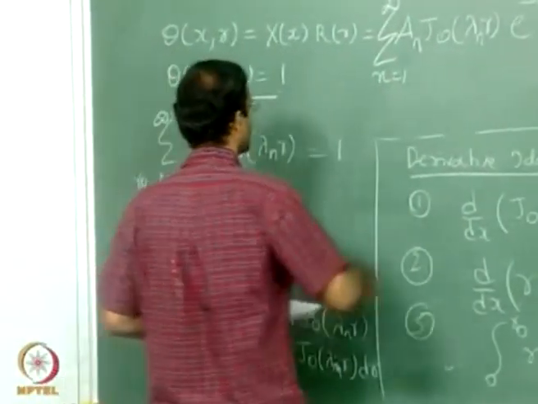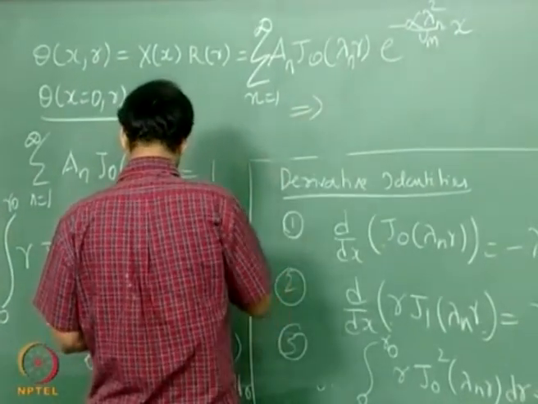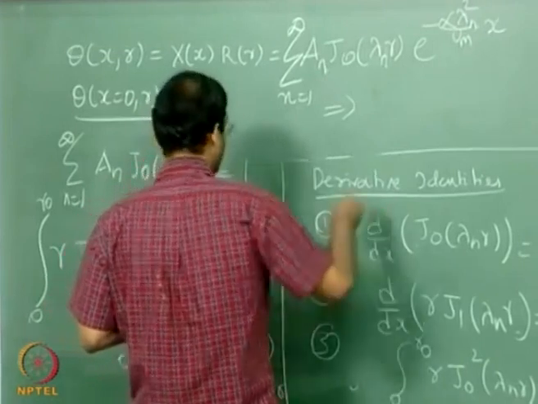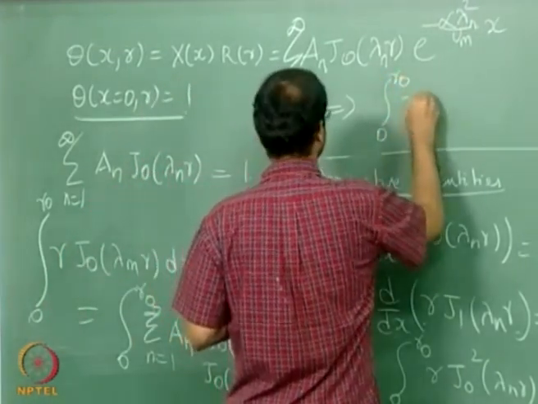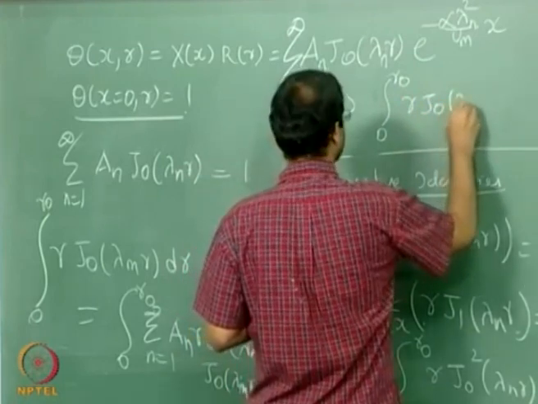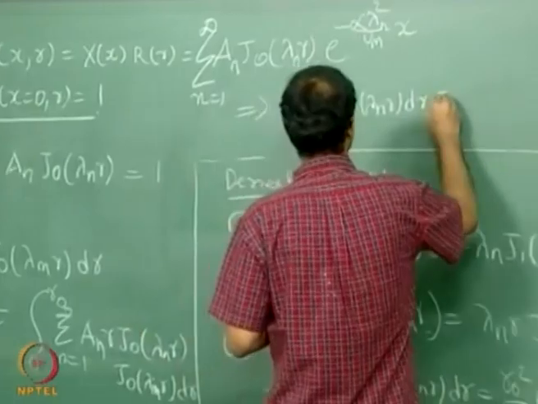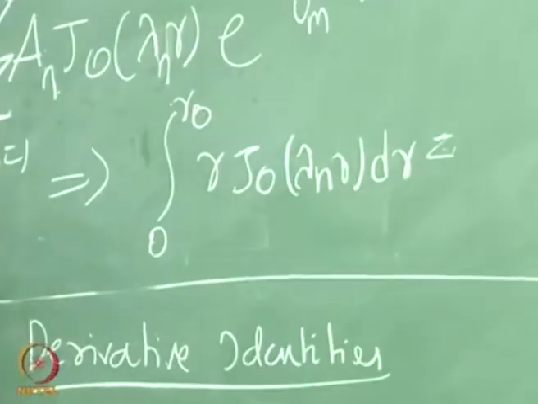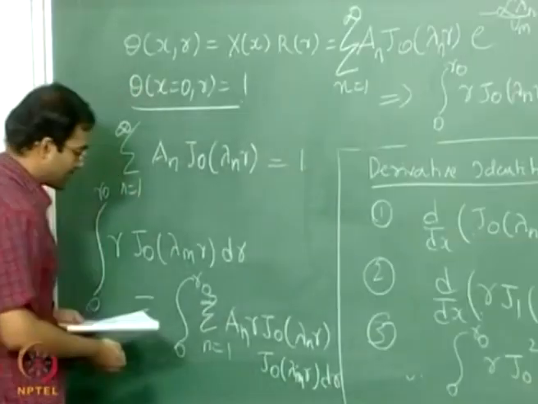So therefore this will become 0 to r naught, so for m equal to n, so only then, so you can imagine the summation here.